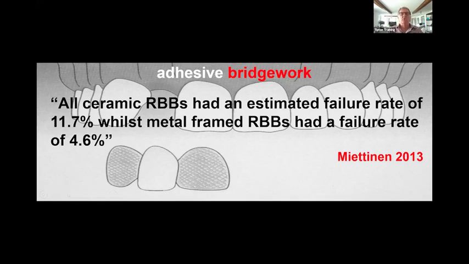So we're looking at twice the failure rate at the moment. Why is that? Well, that is because it's new technology. That is because zirconia is not as strong as metal. That is because we are not using the correct shapes and forms for our connectors as yet.